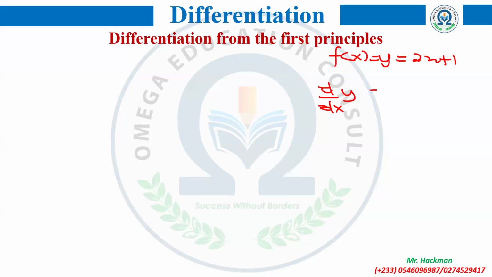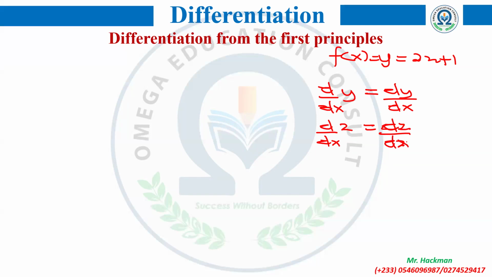Its notation, we don't write it as d dx of y. We write it as dy dx. In the same way, if I have d dx of z, this will be equal to dz dx. Do you get my point now?